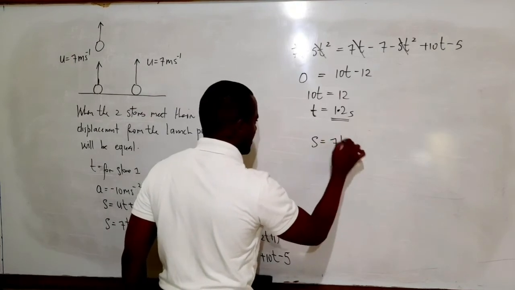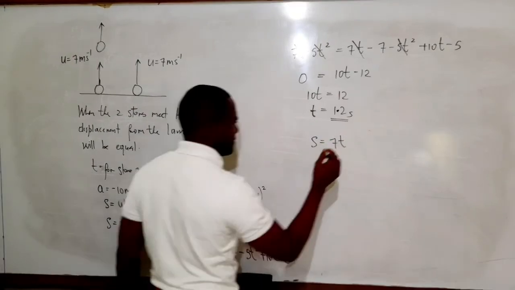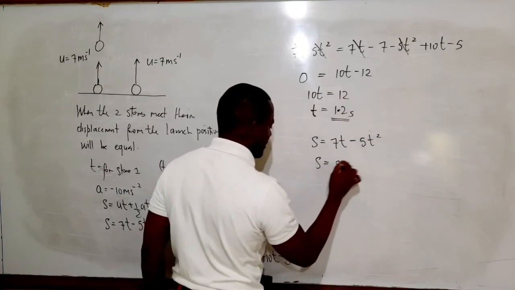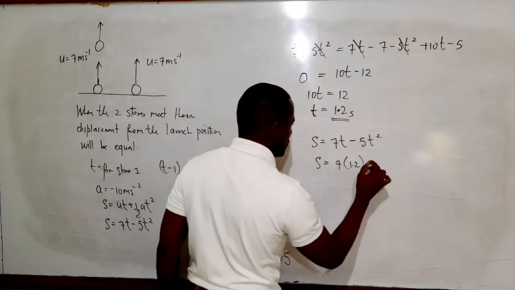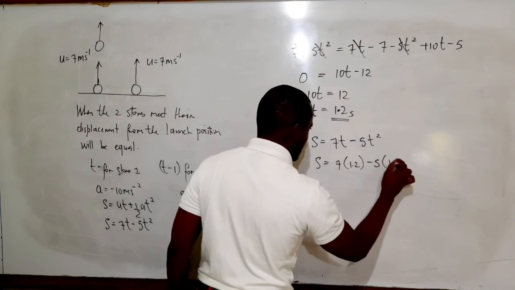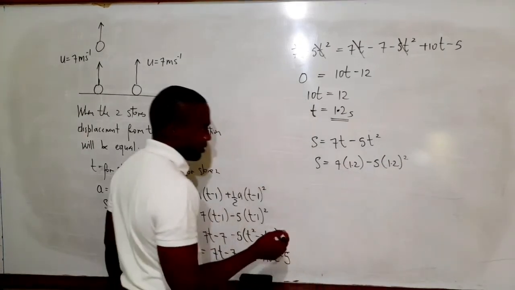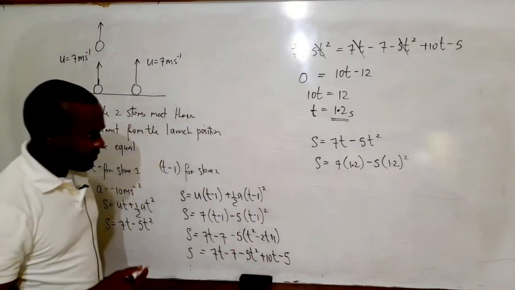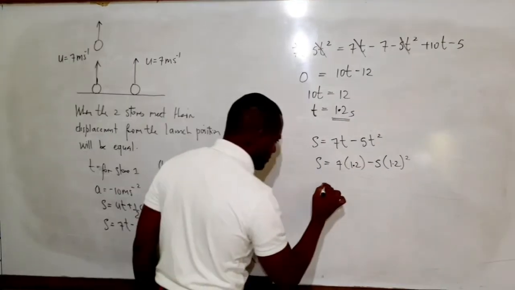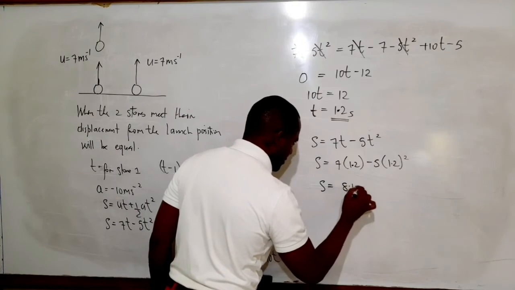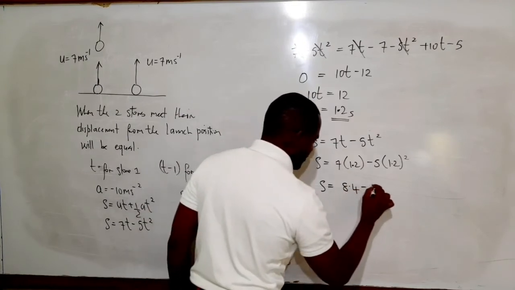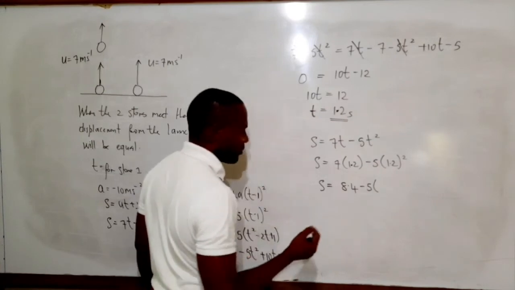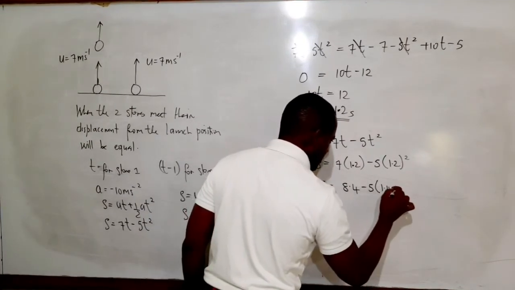So s is equal to 7t minus 5t squared, and so s is equal to 7 times 1.2 minus 5 times 1.2 squared. 7 times 1.2 is 8.4, so s is equal to 8.4, then minus 5 times 1.2 squared, which is 1.44.